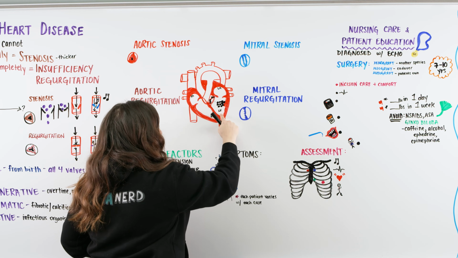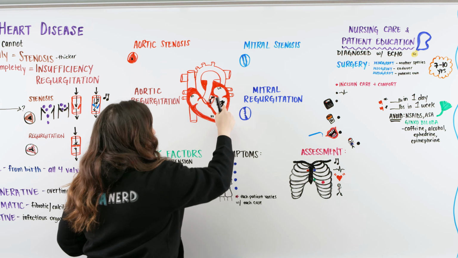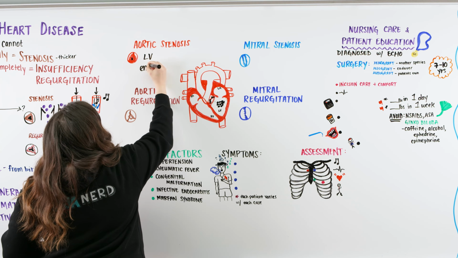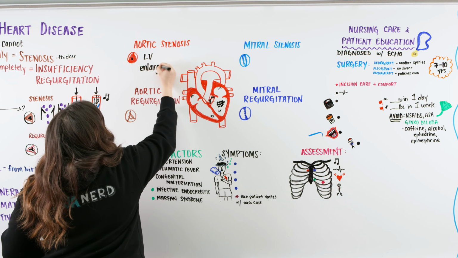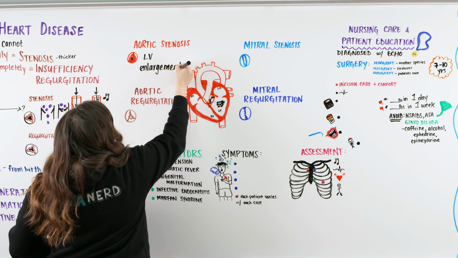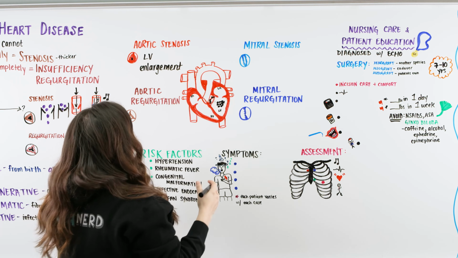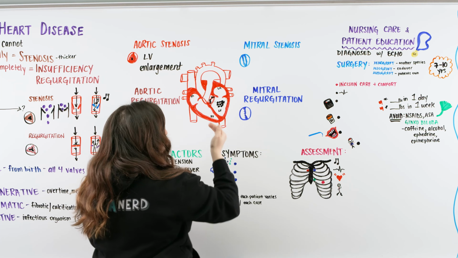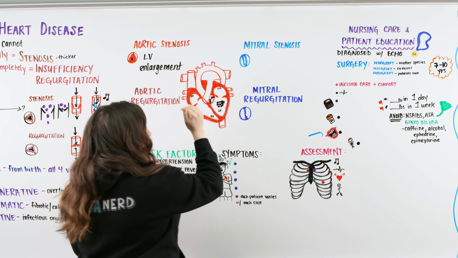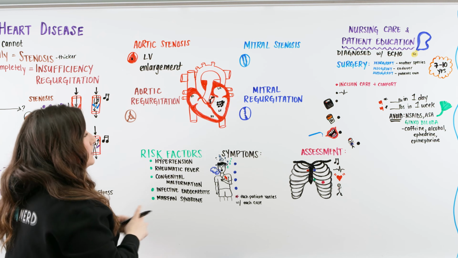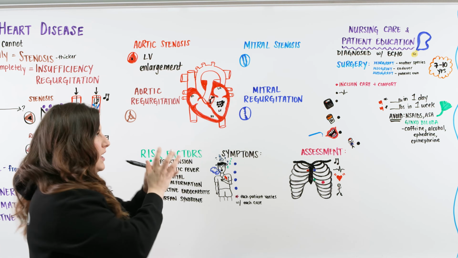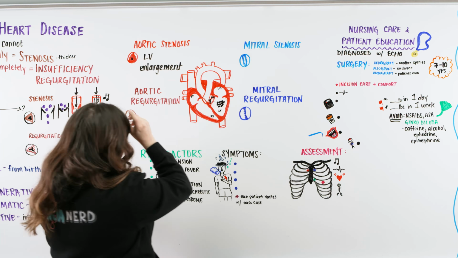And when it does this, it creates what we call left ventricular enlargement. So we have problems with our left ventricle getting that blood out because this valve is stenotic. It's not opening properly, it's not letting that volume out, and therefore it's creating a stretch or an enlargement of our left ventricle.